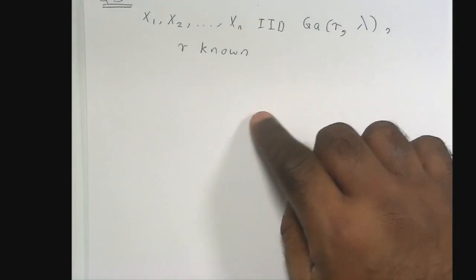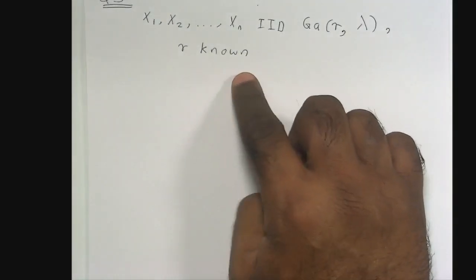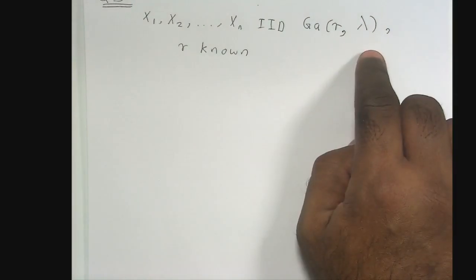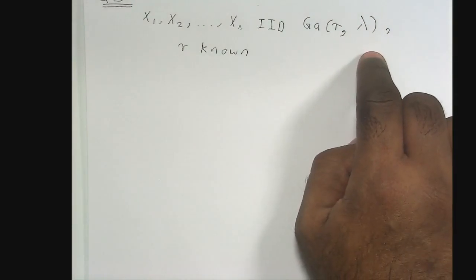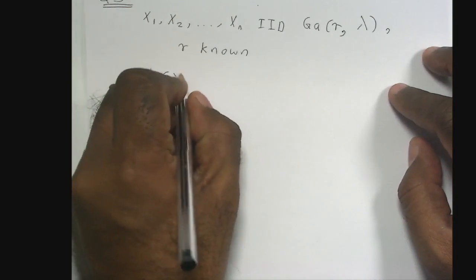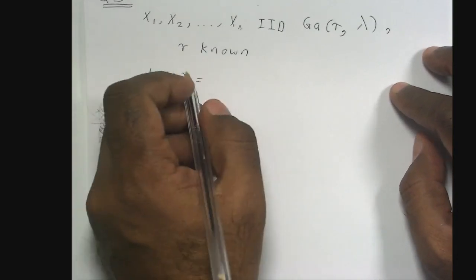You're assuming that r is known, so the only unknown parameter is lambda. We want to find the MLE of lambda first. The first thing you need to write down is the likelihood for lambda.